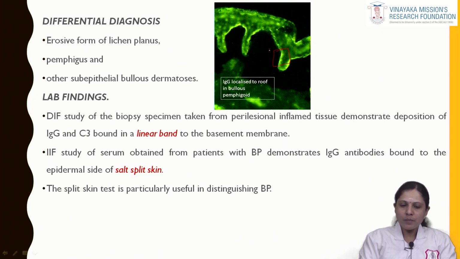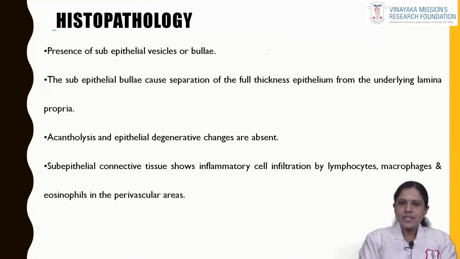The salt-split skin test is particularly useful in distinguishing bullous pemphigoid from pemphigus. Under histopathology, we can see a subepithelial vesicle or bullae formation, causing separation of the full thickness of the epithelium from the underlying lamina propria.